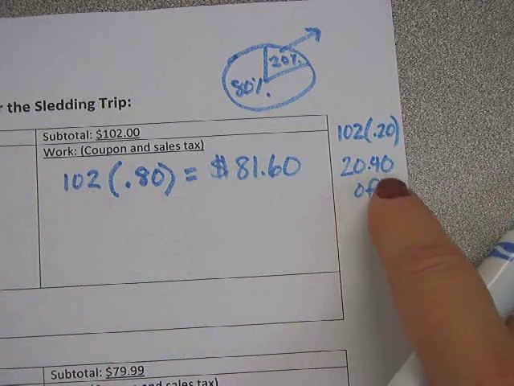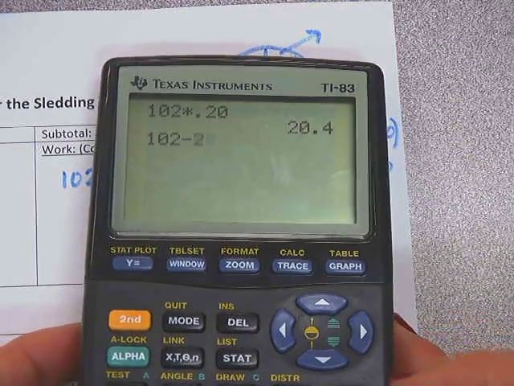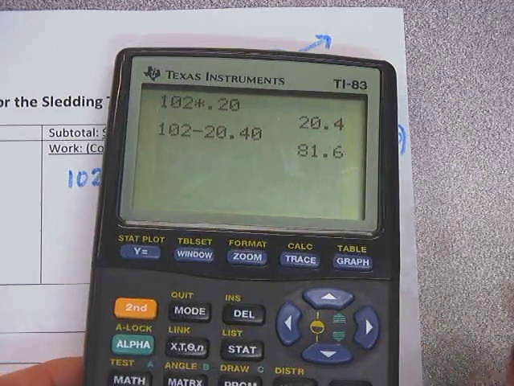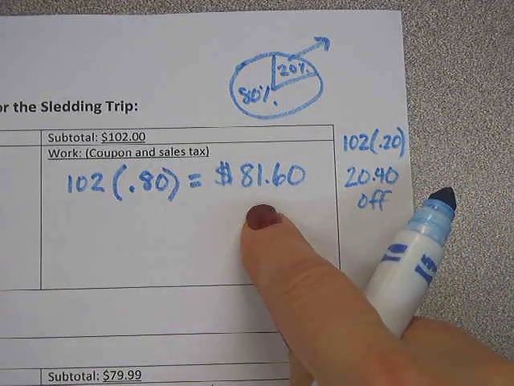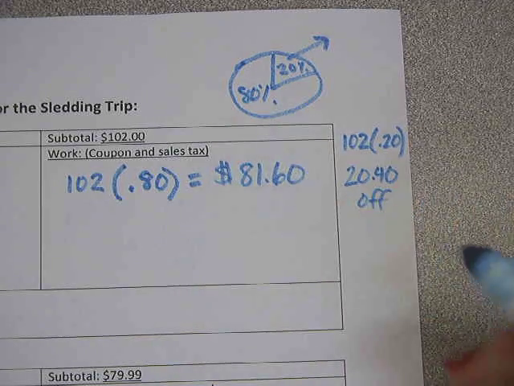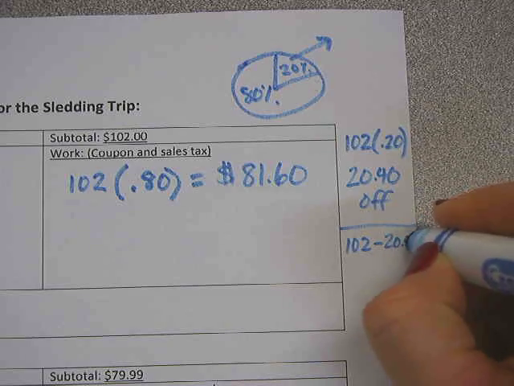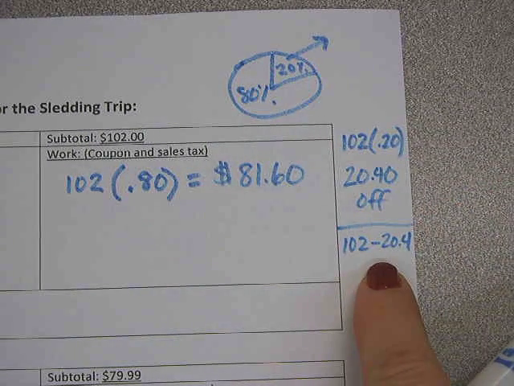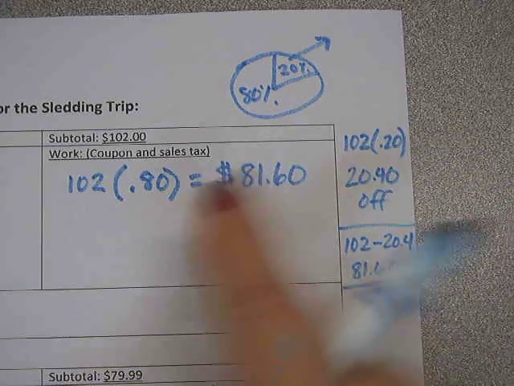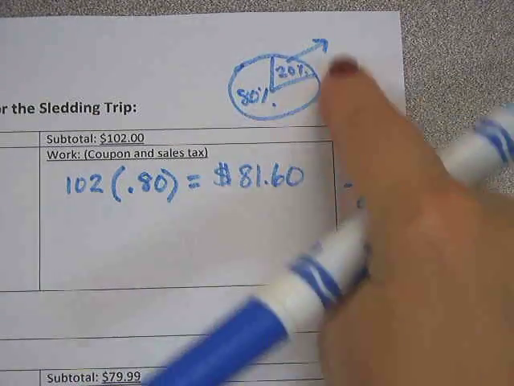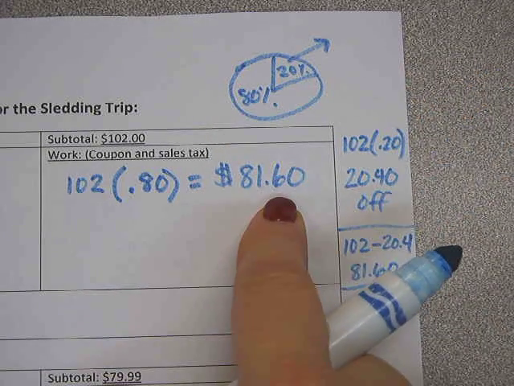If we subtract $20.40 from 102, do you see that we got $81.60? Okay, so you can do this in 2 ways. You can first figure out that 20% and then subtract it. Or in one step, you can just think about this. Instead of taking 20% off, 80% remains.